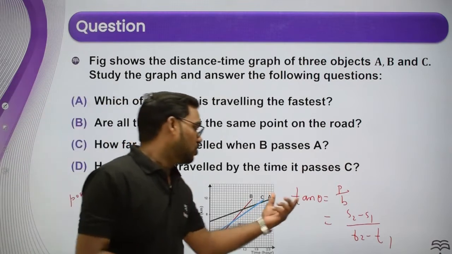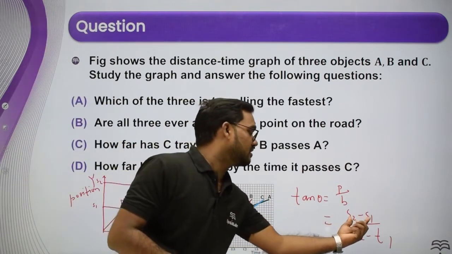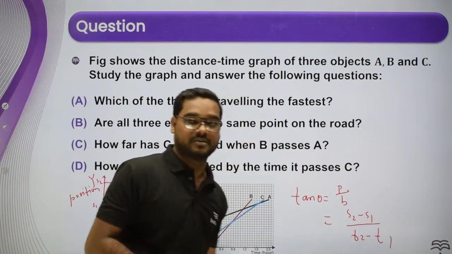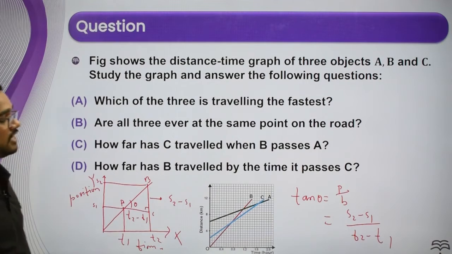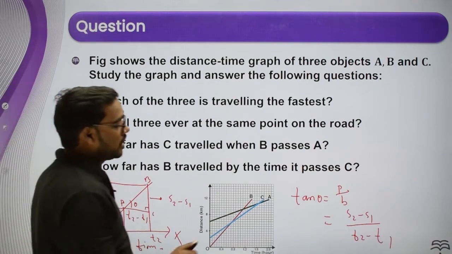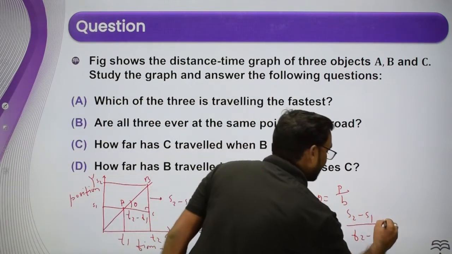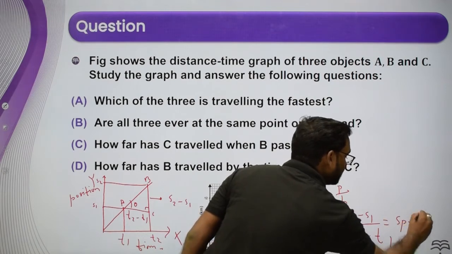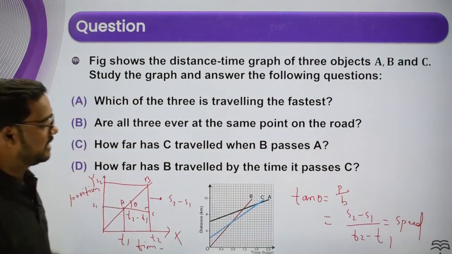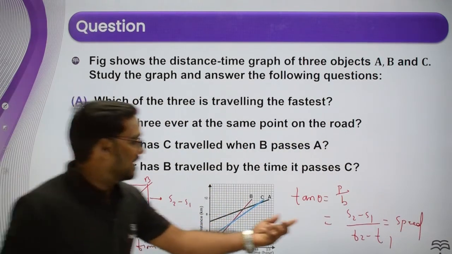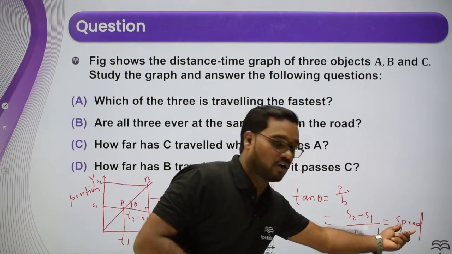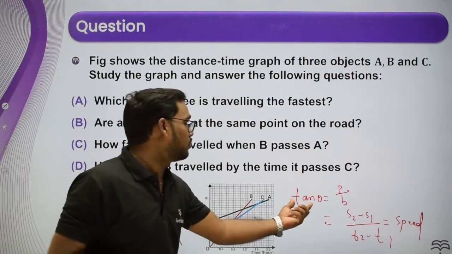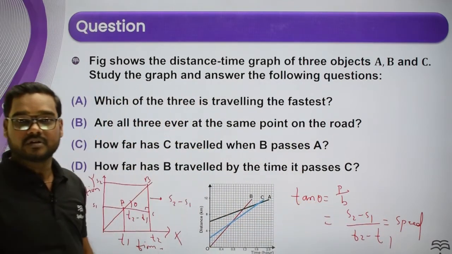And tan theta is also equal to the change in distance divided by T2 minus T1. And from the definition, you know that velocity is also written like that. Let us suppose this is the speed. So can you say that if you want to calculate the speed or velocity, you can directly calculate tan theta.